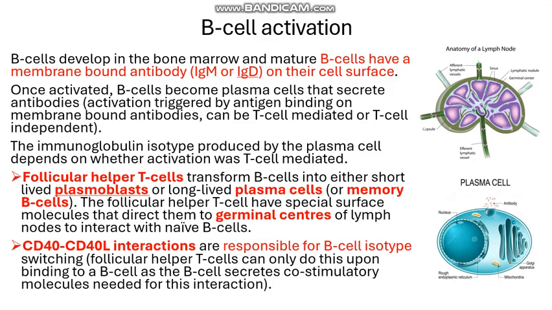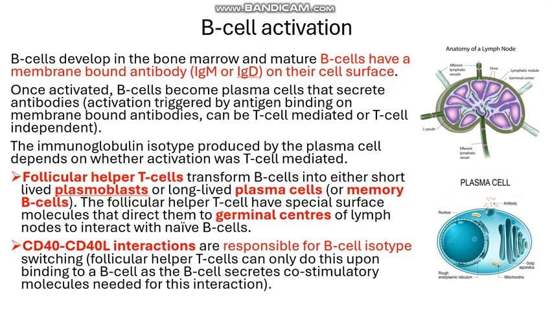B cell activation. B cells develop in the bone marrow. Remember from one of the earlier videos we talked about the hematopoietic stem cells being the original pluripotent stem cell for all immune cell and blood cell lines. The hematopoietic stem cell can differentiate into one of three different types of progenitor cell.